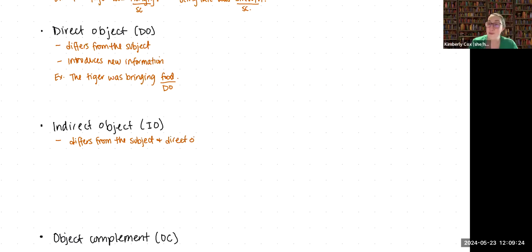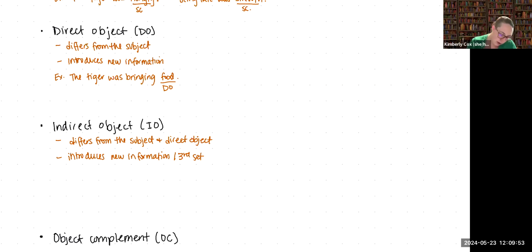So one of the most important things is that it is neither a subject nor a direct object. And additionally, it introduces new information. Or you can kind of think about it as like a third set of information into the sentence.